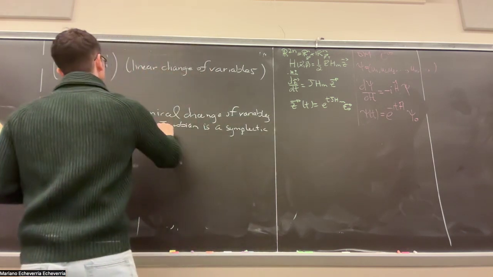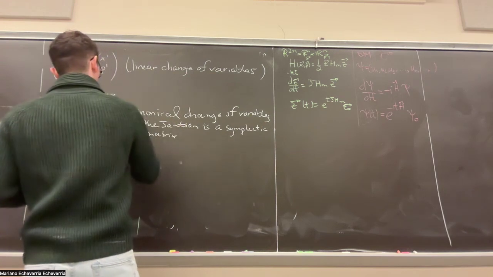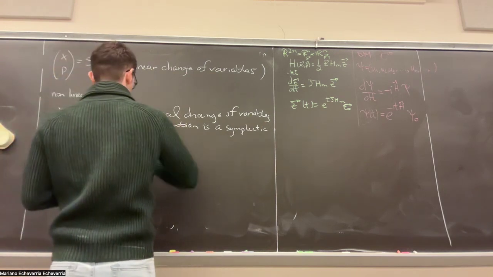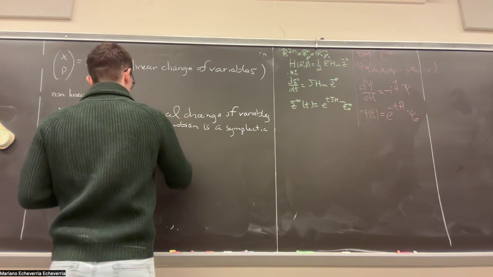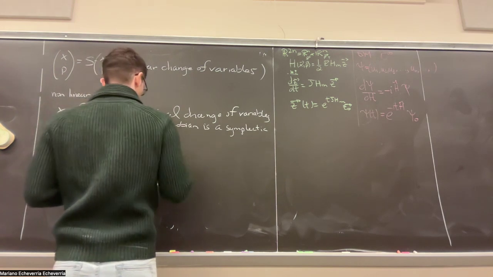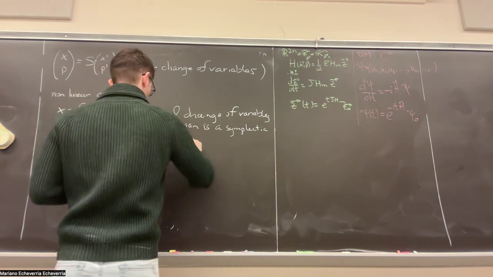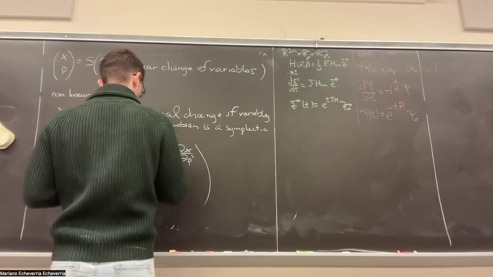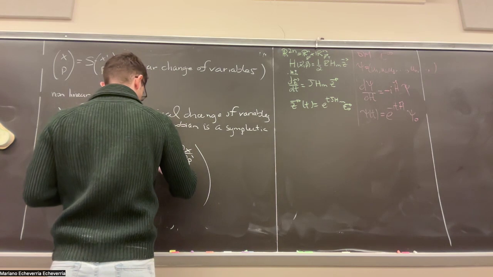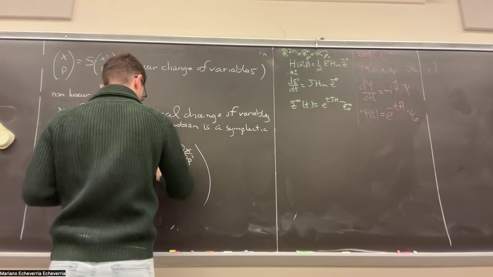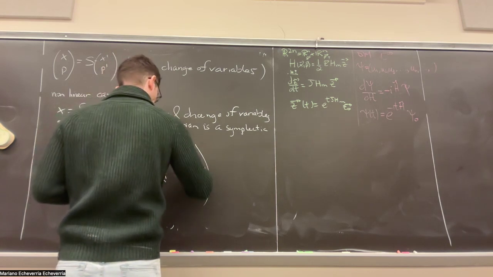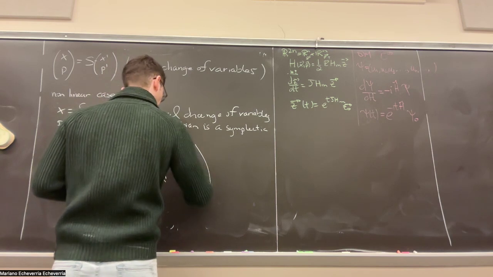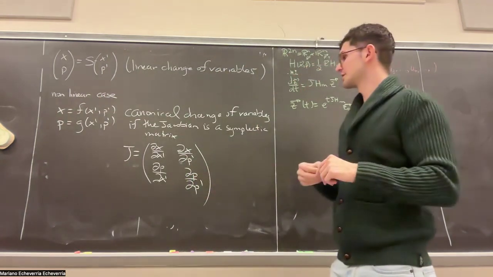So what was the Jacobian? I can write it like this. You want this matrix to be symplectic.